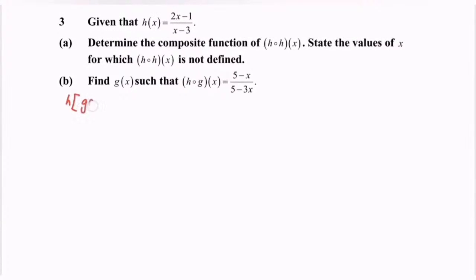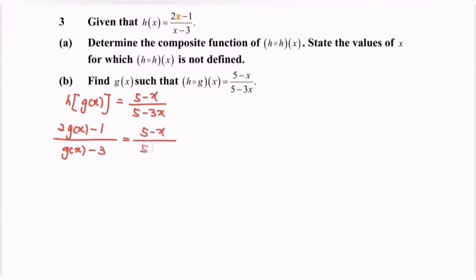h∘g(x) is equal to (5 minus x) over (5 minus 3x). So meaning that the function of g(x) needs to be substituted into the function h. So where we have 2 with the x becoming g(x), minus 1, over g(x) minus 3, is equal to (5 minus x) over (5 minus 3x).